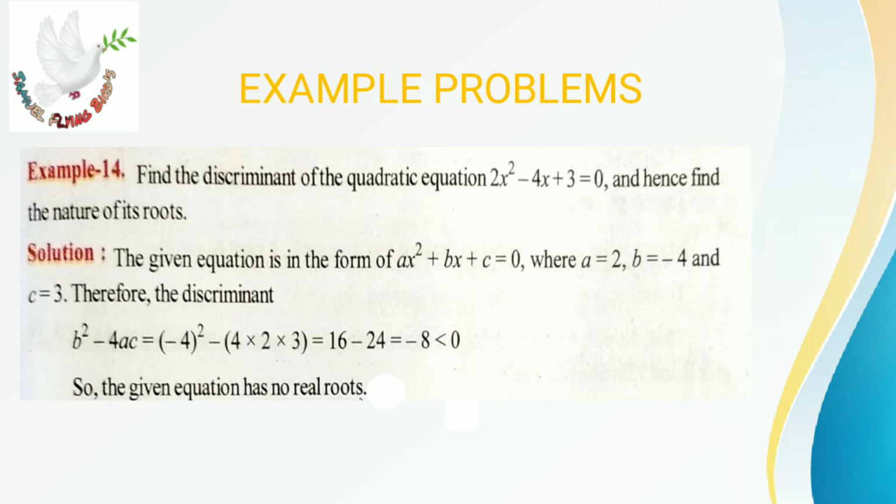After substituting, we get minus 4 whole square minus 4 into 2 into 3, which is 16 minus 24, that is minus 8, which is less than 0. So the given equation has no real roots.